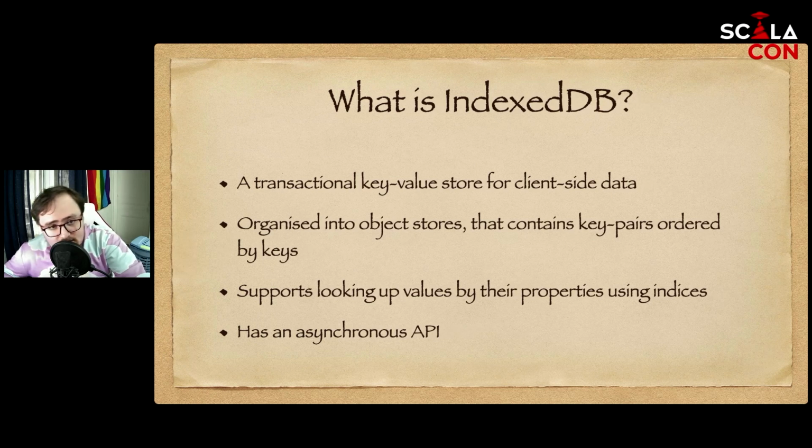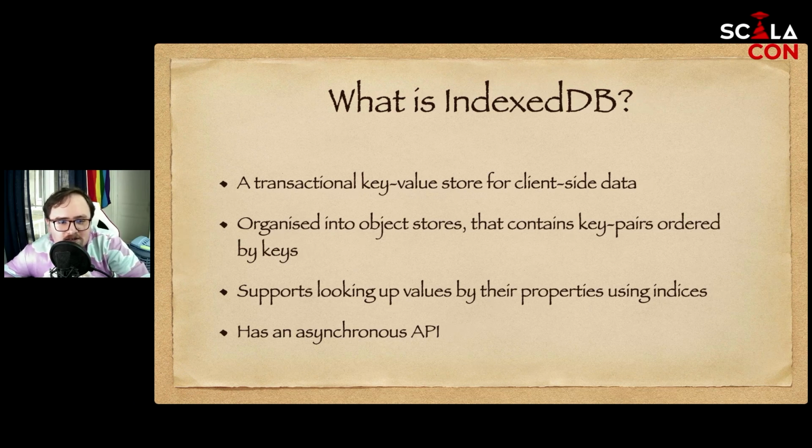This persistence layer is backed by IndexedDB. So IndexedDB is a transactional key value store for client-side data. It stores keys and values in object stores, and these object stores are persisted on the client side, which is how we can have games that remain even after the user has closed the application.